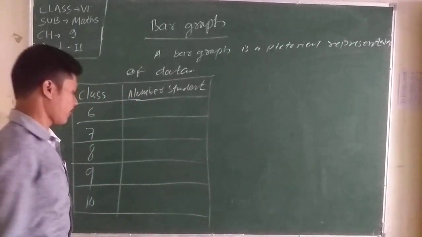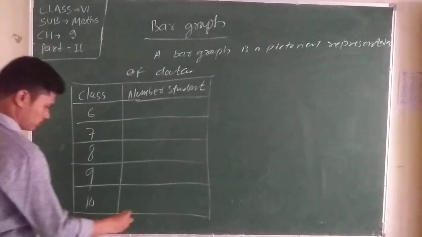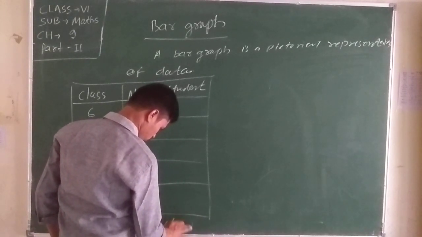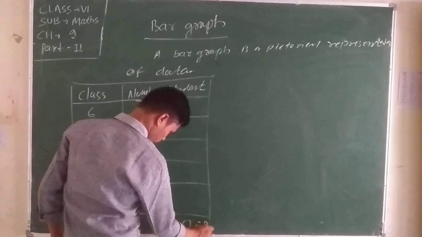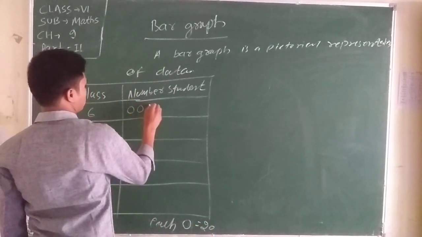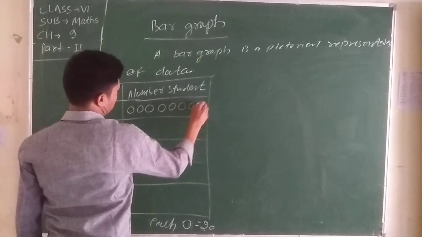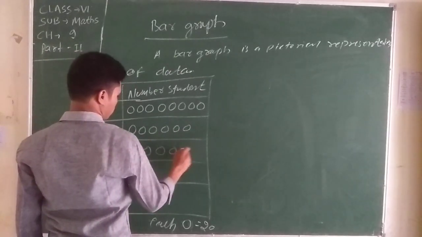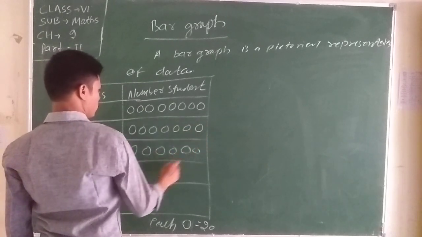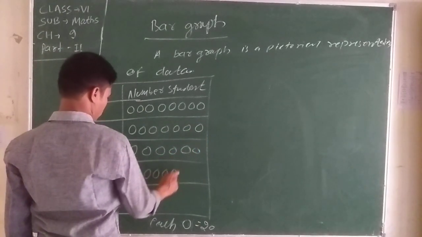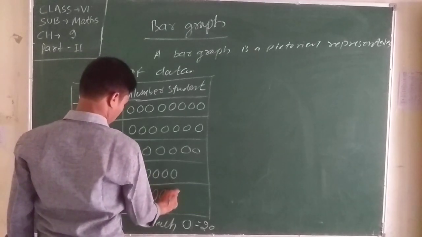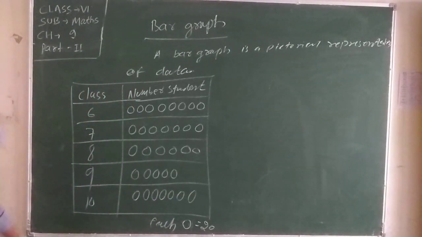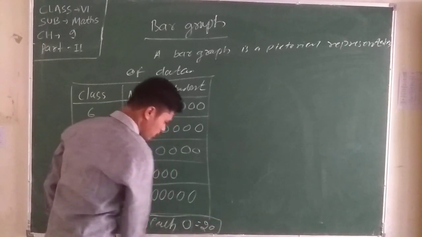Here each circle is equal to 20 students.